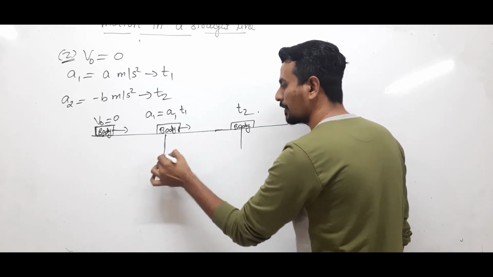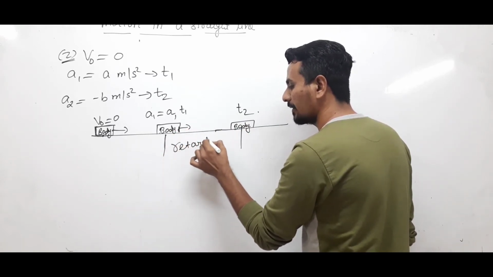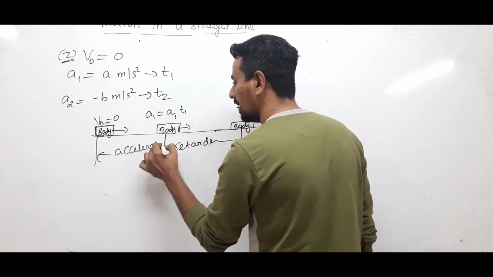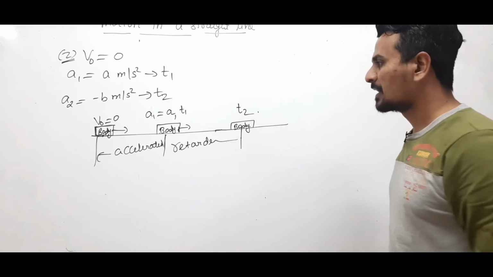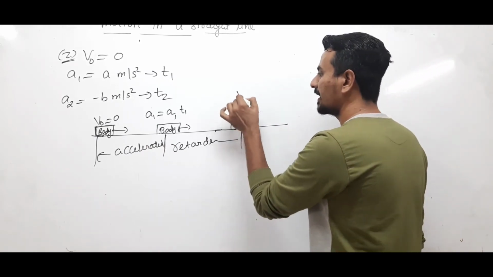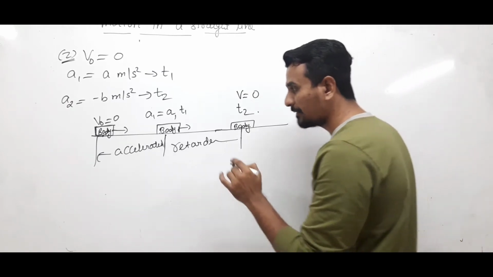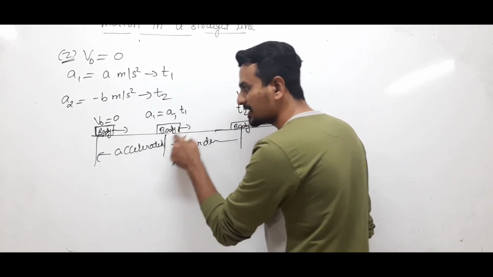This portion it is performing retardation, and this portion it is performing accelerated motion. Clear? So then here finally it comes back to rest. So this velocity will be 0.